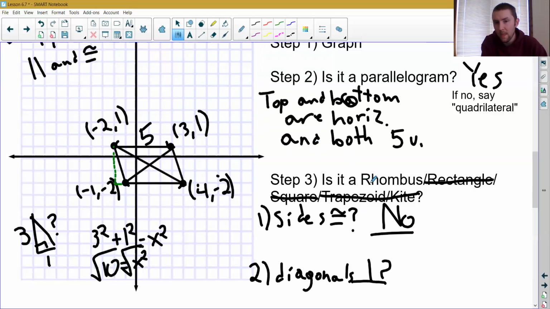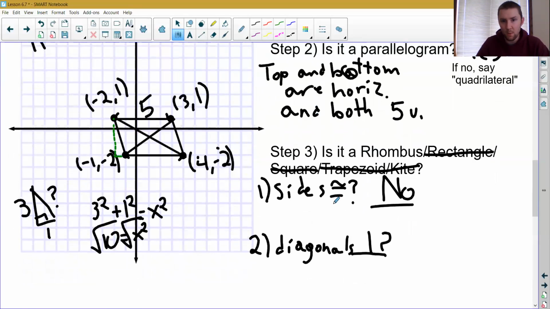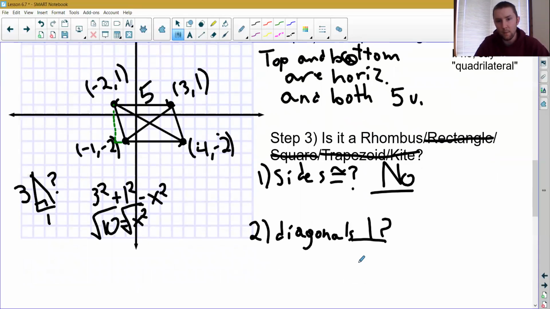No, it's not. Now I'm going to show you how you would find that also using the slopes, if you prefer the slope formulas, doing your y minuses and your x minuses, to doing the Pythagorean theorem or distance formula. We should all be on the same page that the answer is going to be no, but I'm going to figure out if the diagonals are perpendicular.